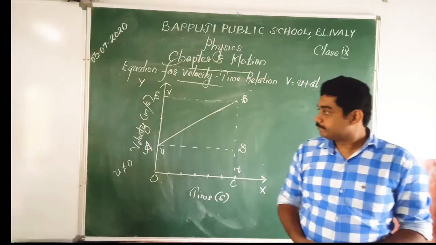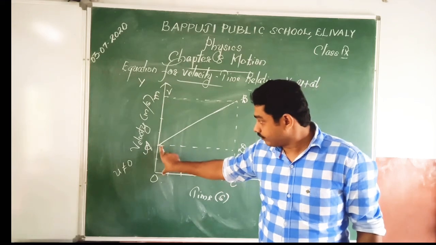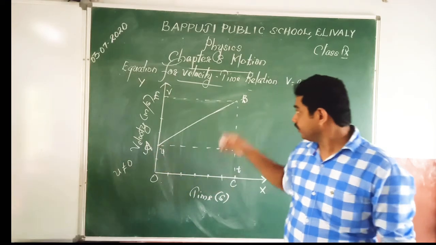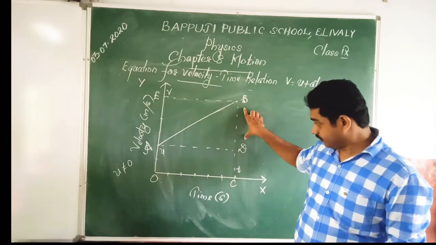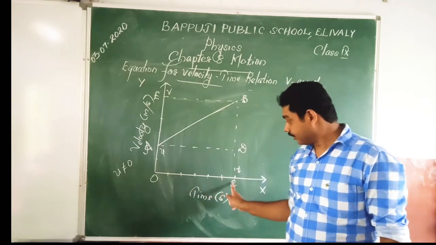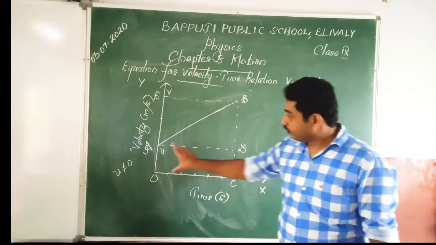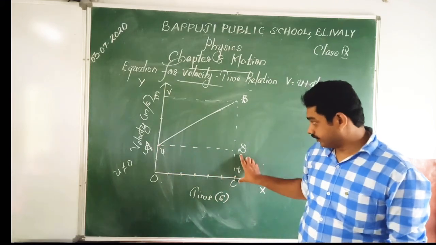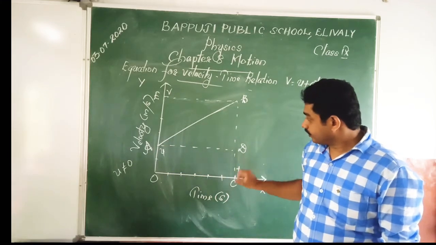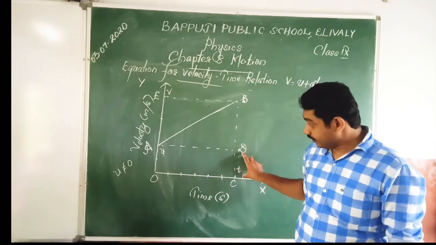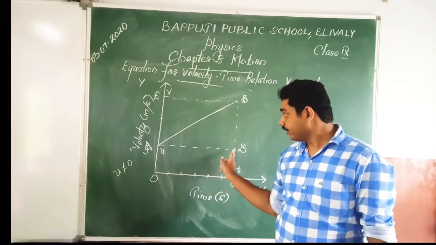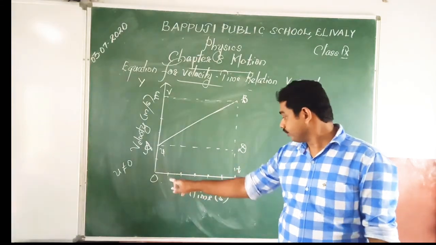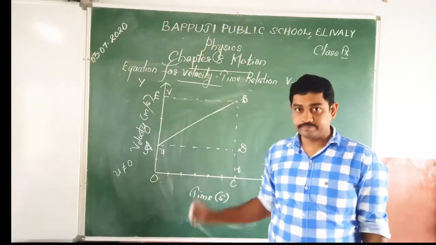From the graph, OA is the initial velocity, BC is the final velocity, and BD is the change in velocity, and OC is the time interval. Here OA and DC are the same distance, so OA is equal to DC. OC and AD are the same distance, so OC is equal to AD.